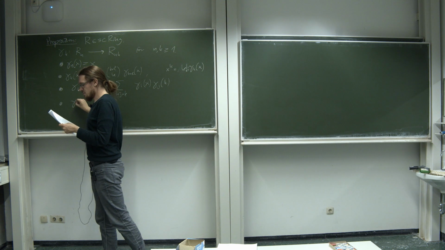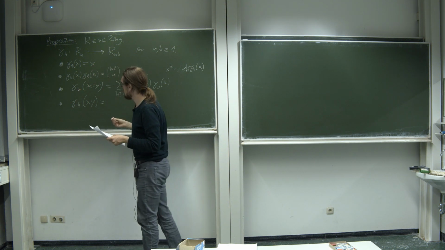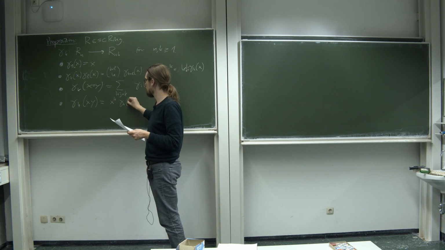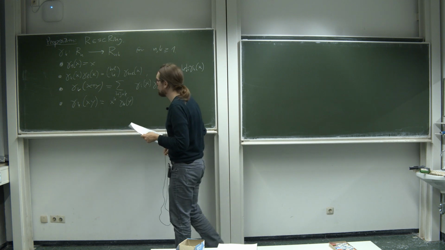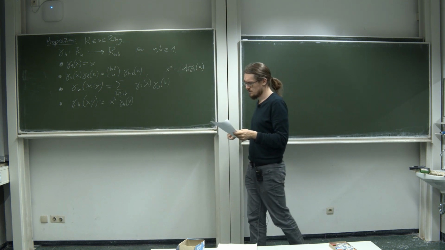We similarly have a property for products, and that simply allows you to pull one of the factors out to the kth power. So maybe you should think of this as gamma k being somehow homogeneous of degree k.